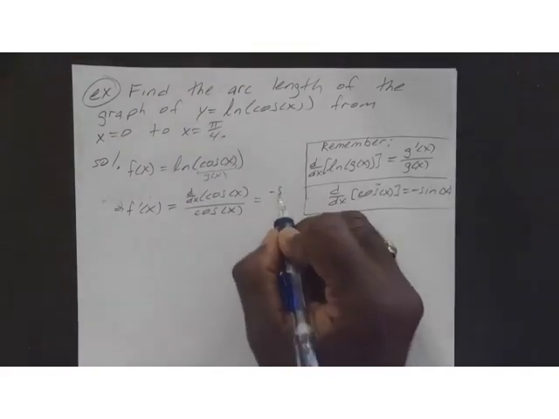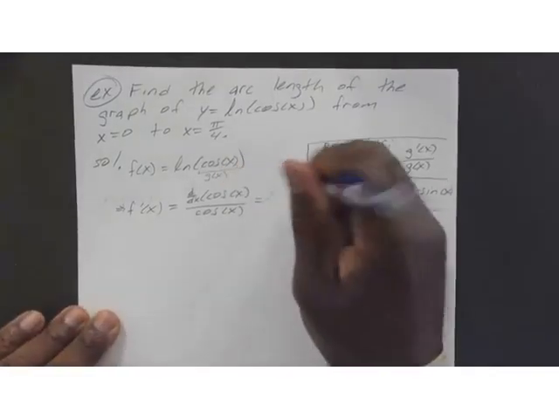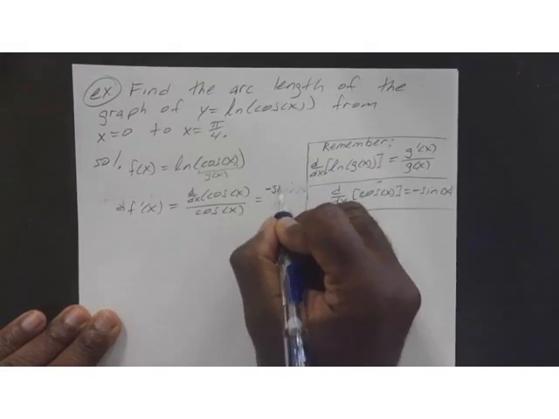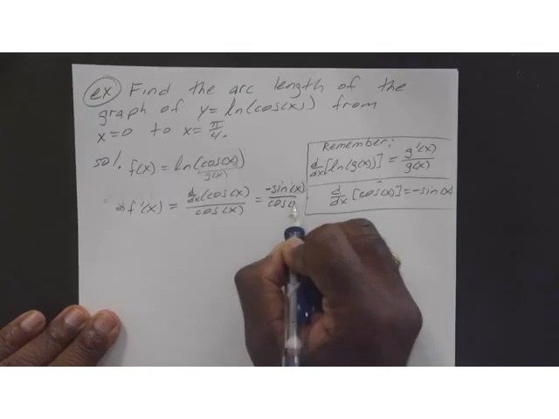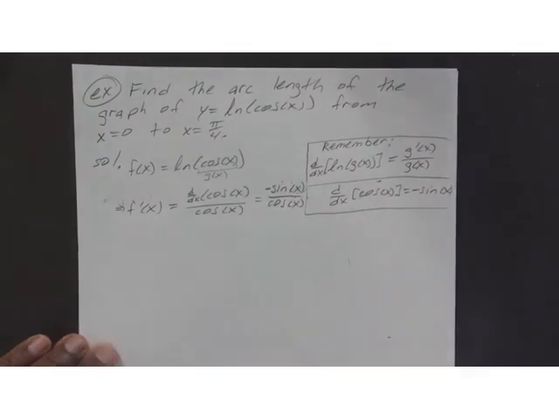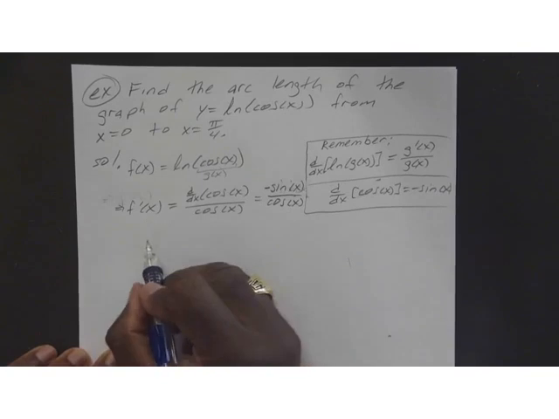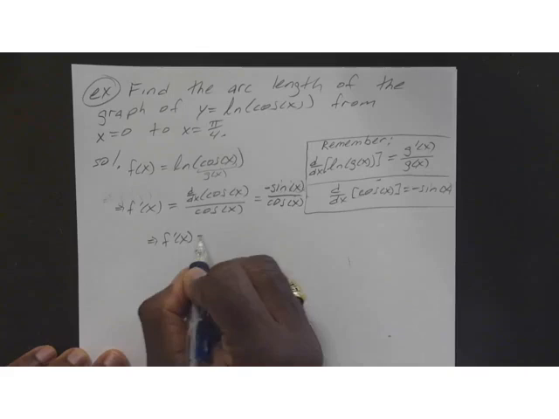So that's just going to be negative sine of x over cosine of x. Well, that negative sine over cosine, we can rewrite as just negative tangent.